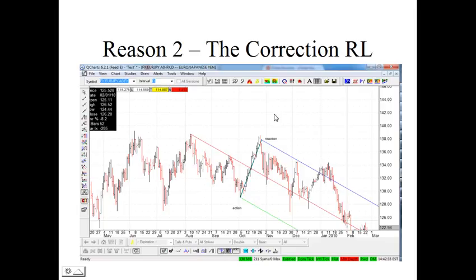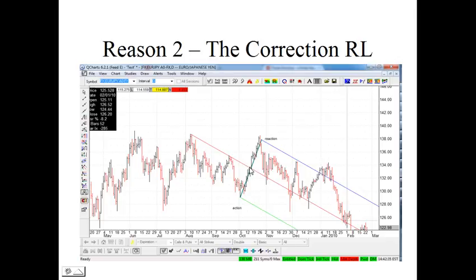Now, the second reason to take profits might be using the correction reaction line. Here's what happens. Let's say you're over here somewhere at this point in time. You draw a trend line. Prices have come down and they come up. You draw a trend line. This is your center line.